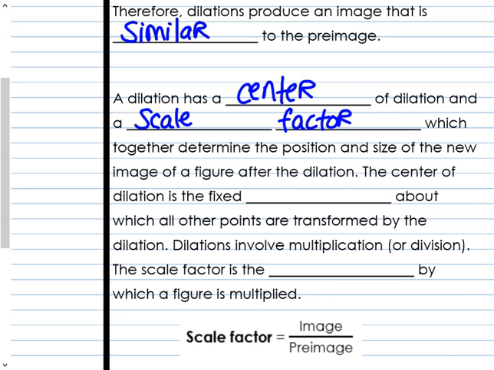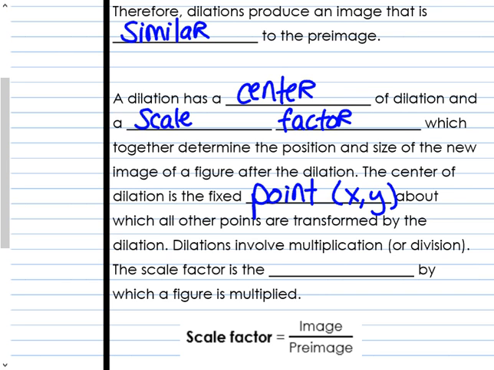The center of dilation is the fixed point about which all the other points are transformed by the dilation. So the center is a point, so a set of coordinates, an x, y. Dilations involve multiplication, which would be stretching or enlarging, or division, which would be shrinking or reducing.